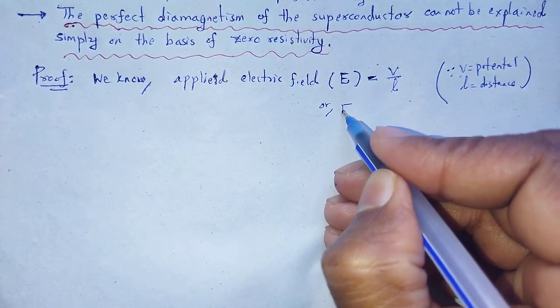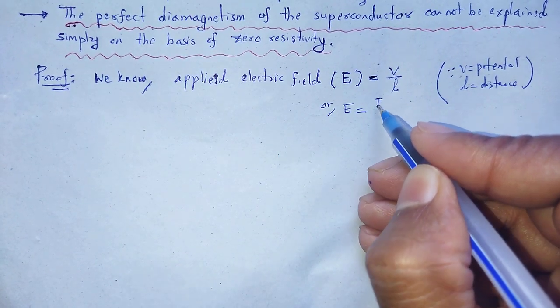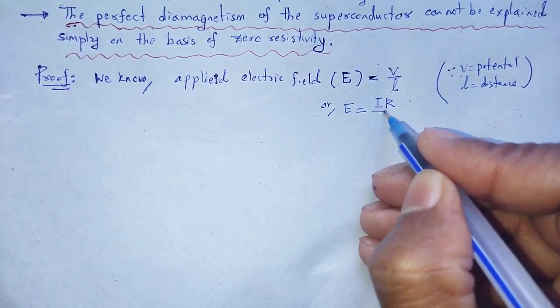Or, in place of V, voltage is equal to IR from Ohm's law.